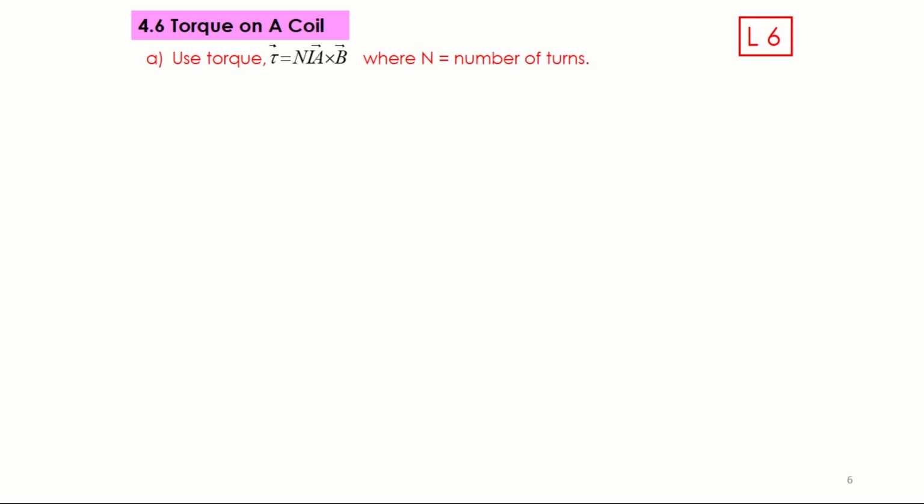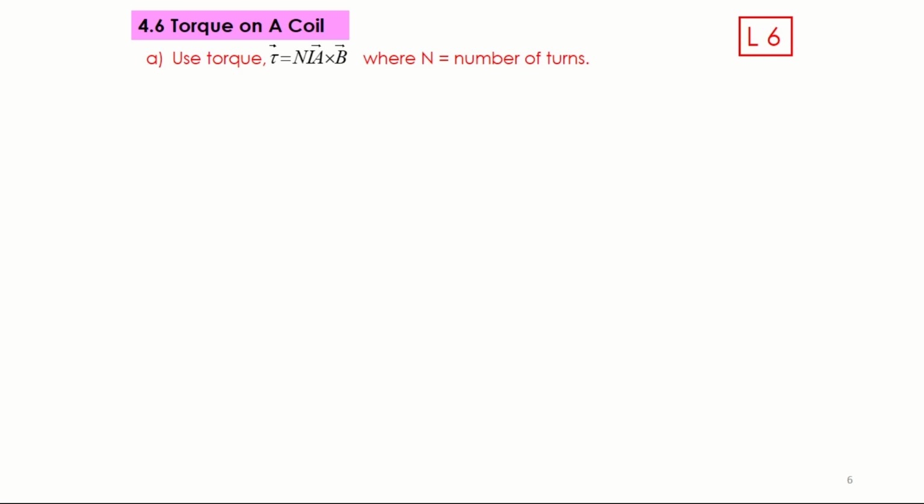4.6 Torque on a coil. The outcome: use torque tau equals NIA cross B, where N equals the number of turns. Torque is a cross product, so torque is a vector. So torque has a magnitude and direction.